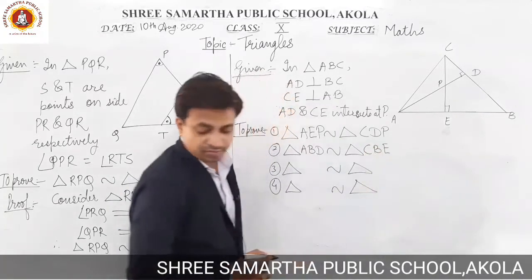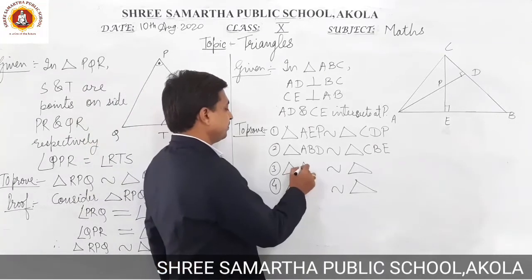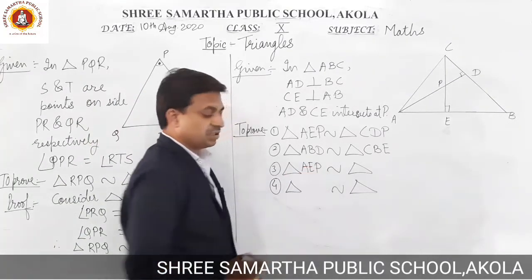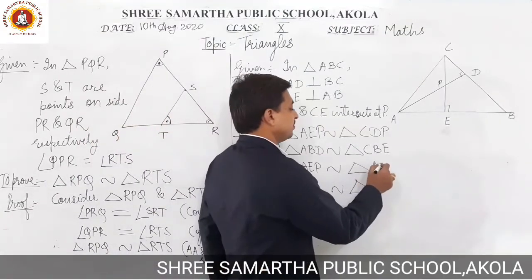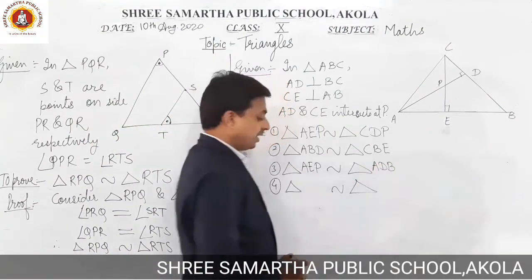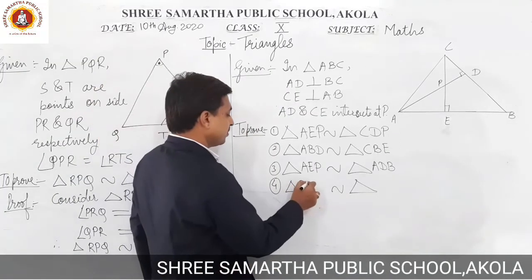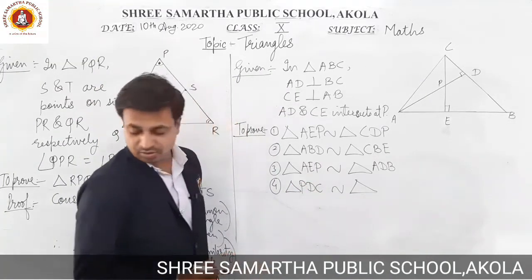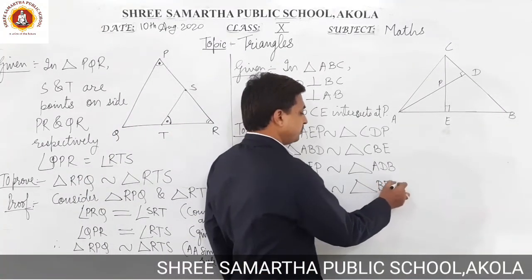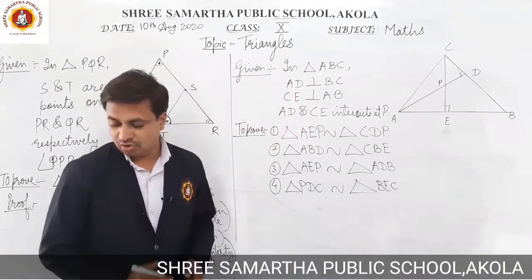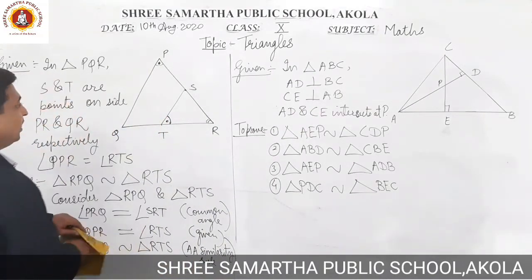Third, triangle AEP is similar to triangle ADB. And fourth, triangle PDC is similar to triangle BEC. So dear student, we have to prove four things here.